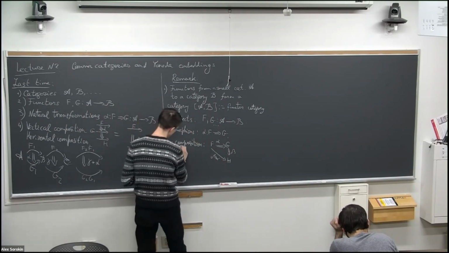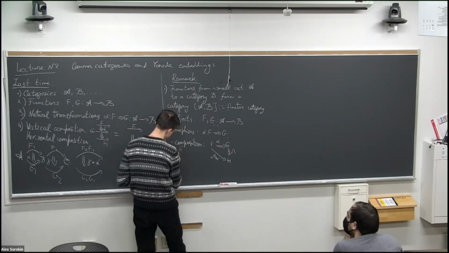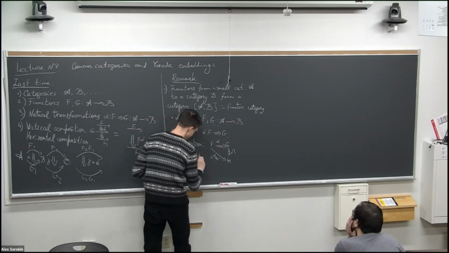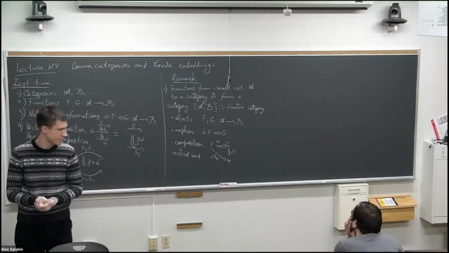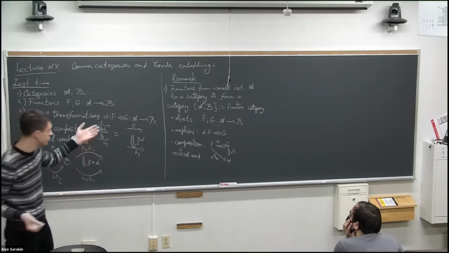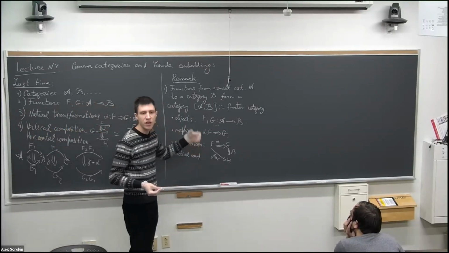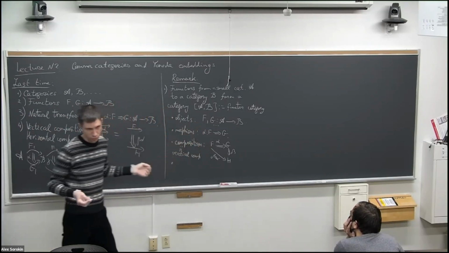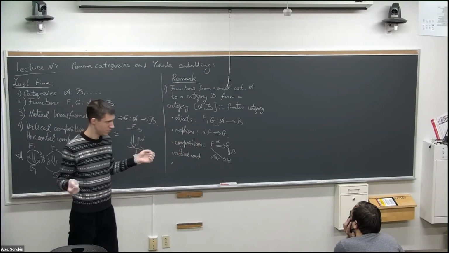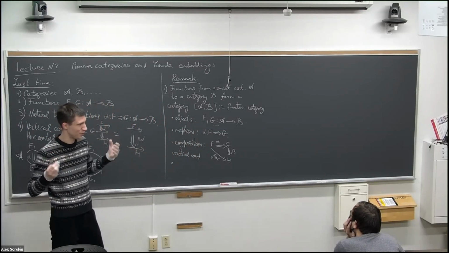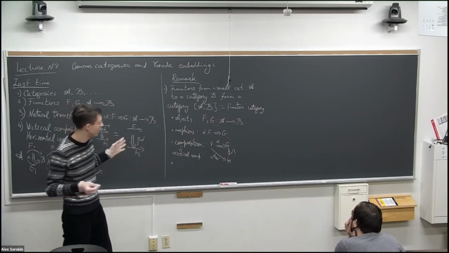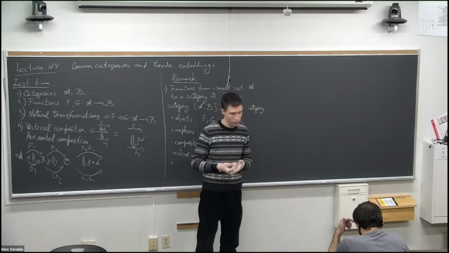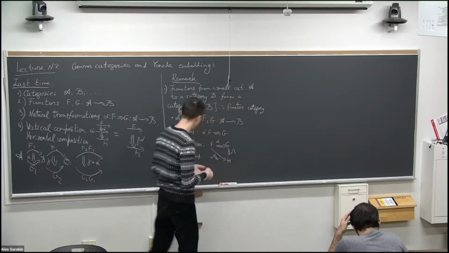So composition is assigned to be the vertical one. Identity. What will be identity? It will be the identical natural transformation. We never talked about identities in our categories last time, but you should always think about what the identity is, because you can think about some objects that can be multiplied, but what if there is no identity? This happens, but not in this case.